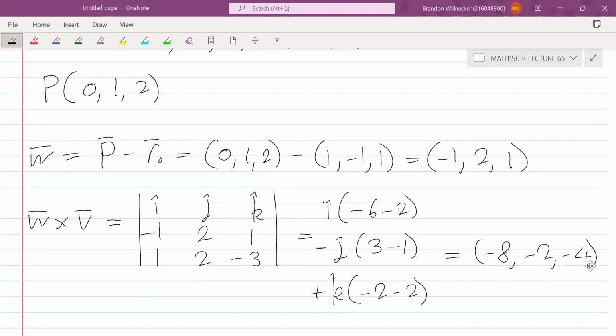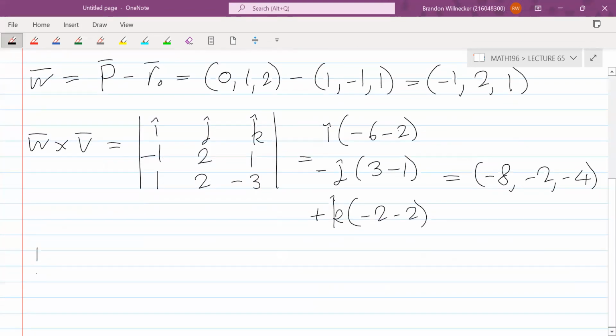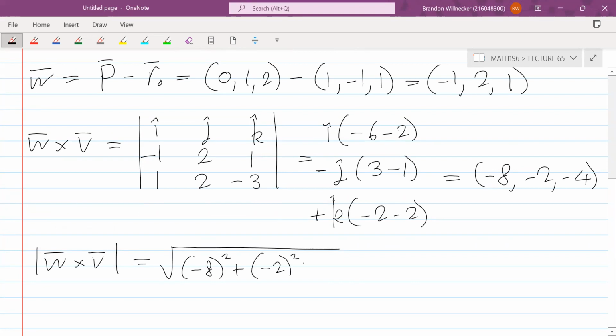Now we need to find the length of this vector. The length of W cross V is the square root, and we square each of the components: -8 squared plus -2 squared plus -4 squared.